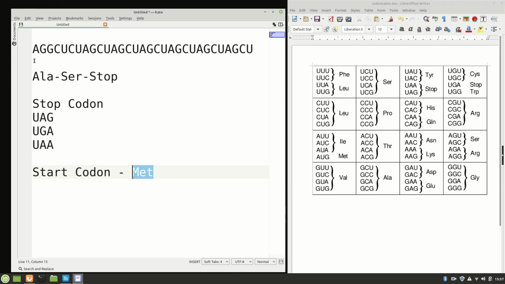So you look through here and you read the first 3, and it's AGG. Well, I can tell you right now that there is not an AUG all the way through this. Here is an AUC going backwards, but we're going this direction. So there is no AUG, so the ribosome would attach here, and it would read and read and read.